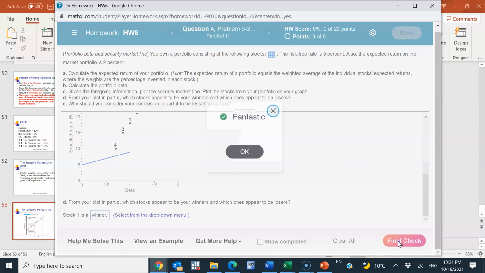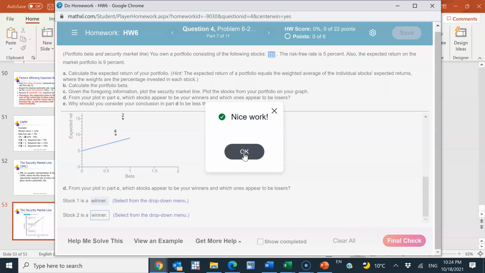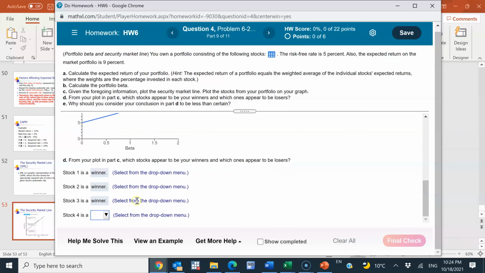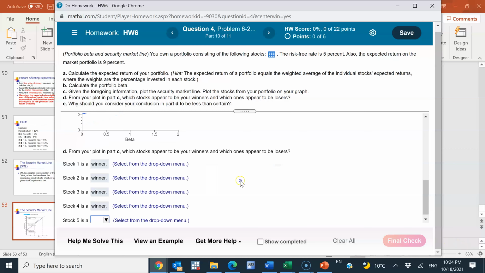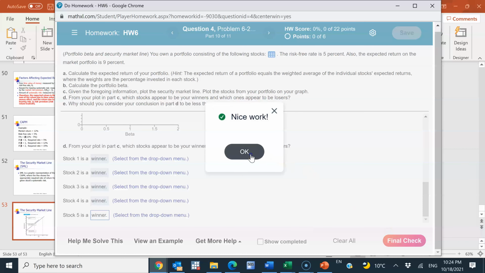And final check, stock 2 is also a winner. As we said, every stock is a winner. Stock 3 is a winner too. And stock 4 is a winner. And stock 5 is also a winner.